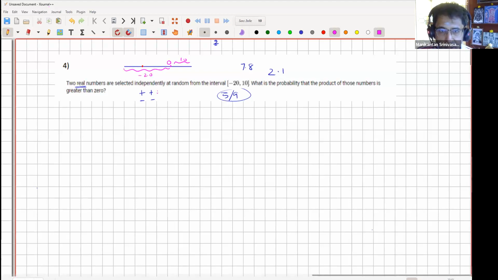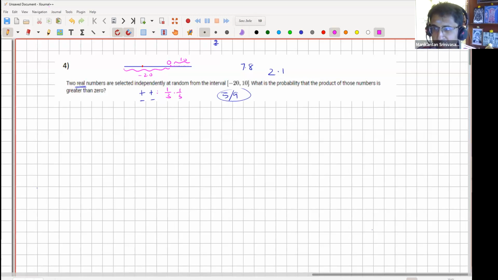Okay, so there's an infinite set of points here which are positive, and an infinite set of points which are negative, but relatively we can quantify what fraction it is. So 1/3 of numbers are positive, and for both to be positive it would be 1/3 times 1/3, right? And actually selected independently means with replacement, right?